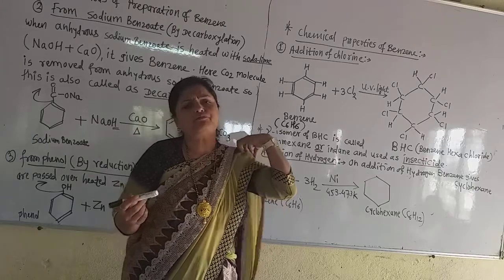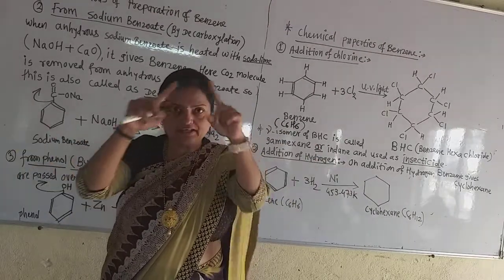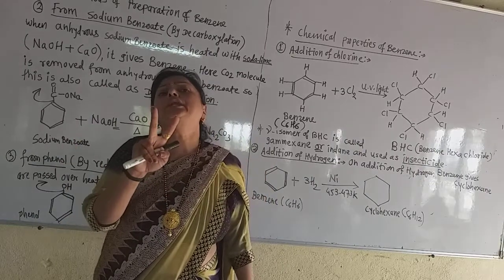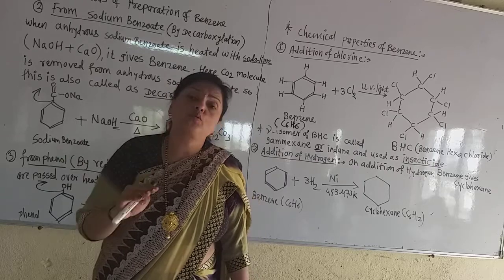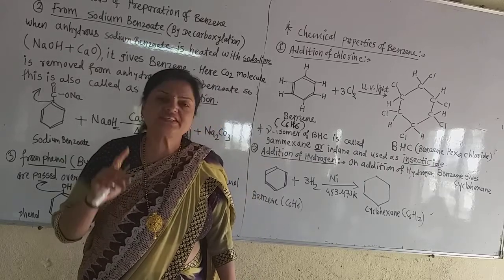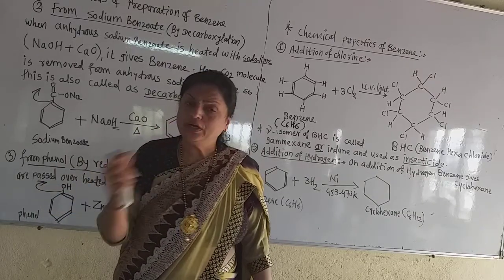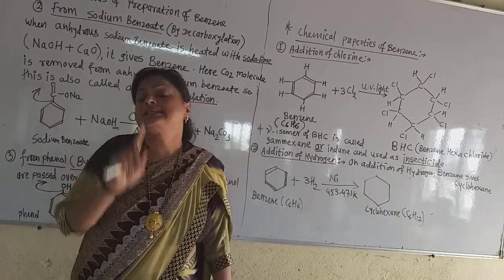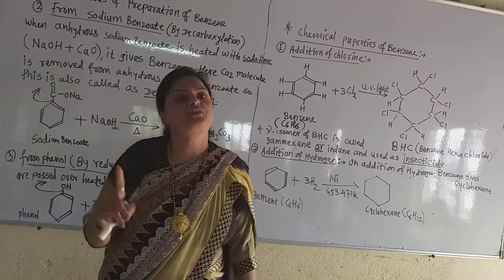Now we know that when aliphatic open chain compounds are converted into ring compounds, only 2 hydrogens get eliminated, because the formula of hexane is C6H14. Only n-hexane has the formula C6H14, because the general formula of alkane is CnH2n+2.